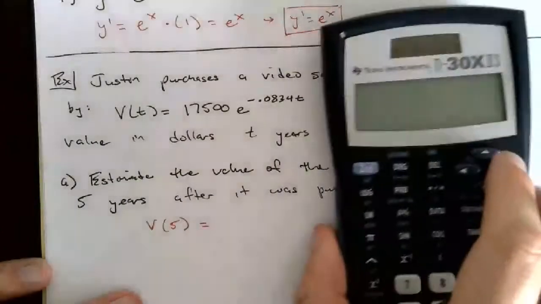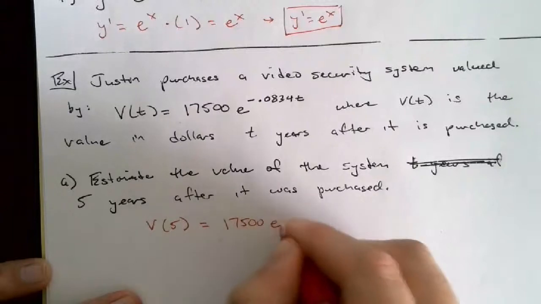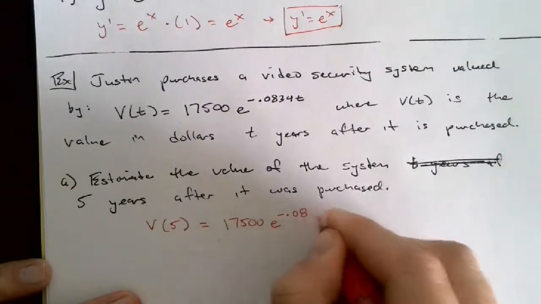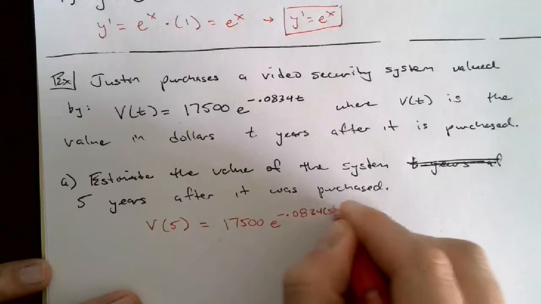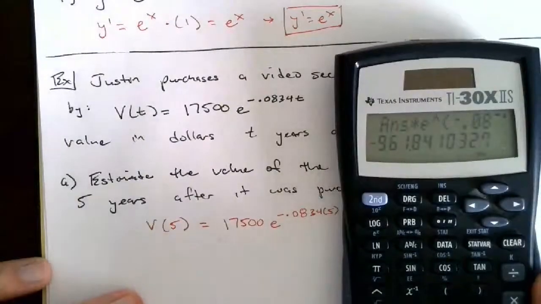To find v of 5, we're going to have 17,500 e to the negative 0.0834 times 5 power. And I'll do this on the calculator here.